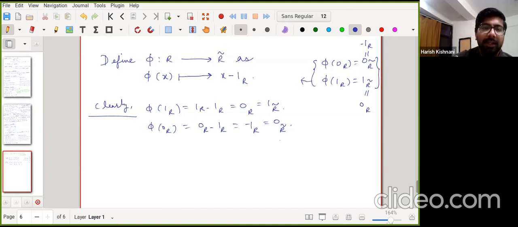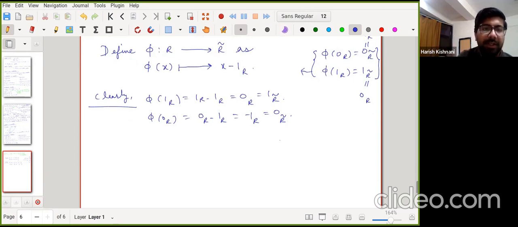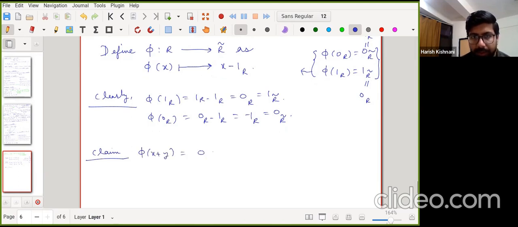So now we have to just see that, for it to be a homomorphism, it is compatible with the addition and the multiplication, and then we will see the bijective part. So now the claim is phi of x plus y is the same as phi of x plus phi of y.